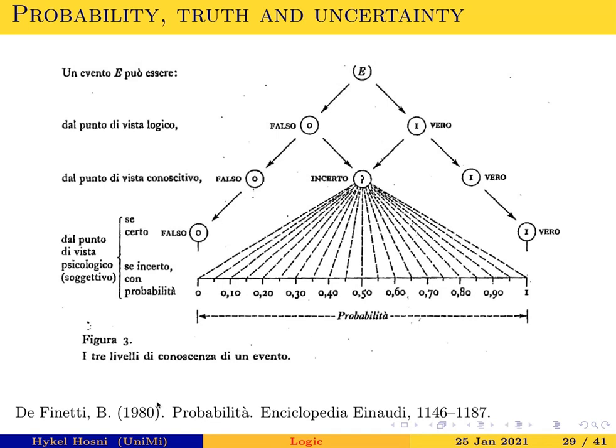So this is a picture by Bruno De Finetti, who played a very, very important role in developing the theory of probability in the century. He draws this beautiful picture. So he starts with an event, which is a statement. It could be P in our language so far. And he says, logically, you might have that V of P equals 0 or V of P equals 1.